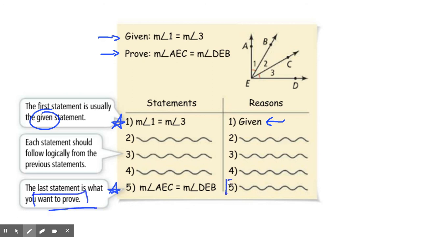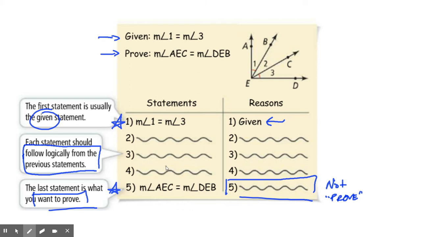However, notice that this last reason is not the word prove. It'll be some sort of a reason, like because of the definition of a midpoint, or because of the alternate interior angles theorem, something like that. Okay. And then again, the middle steps here follow logically from the previous statements. Statement, reason, statement, and reason. Do all proofs have 5 steps, Mr. Chappell?